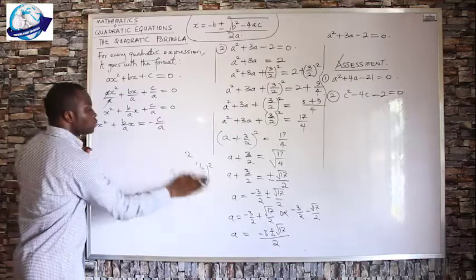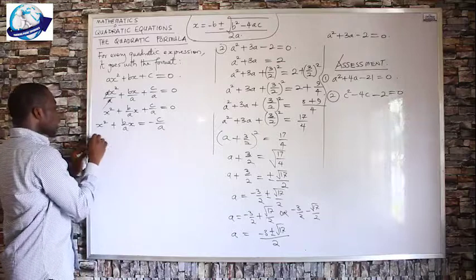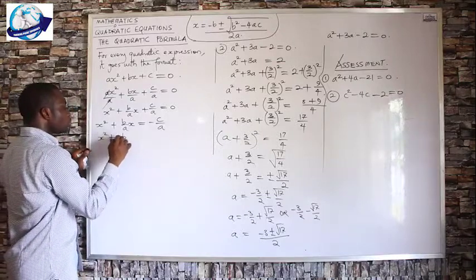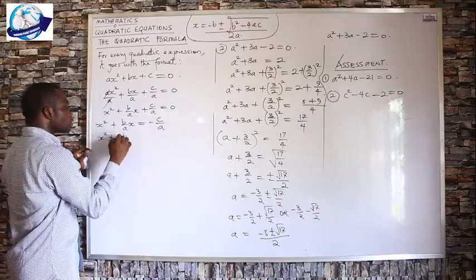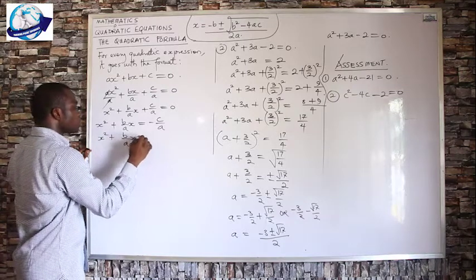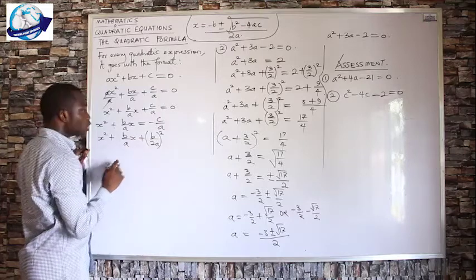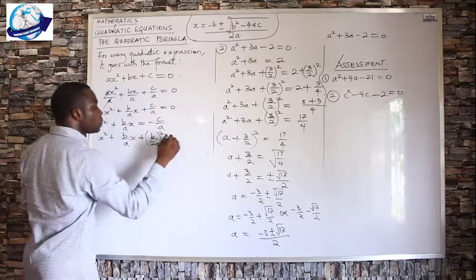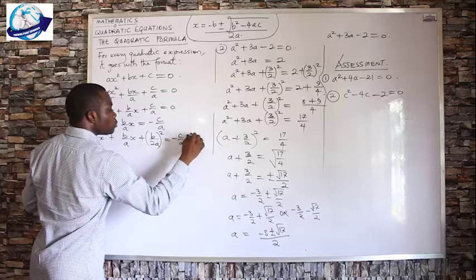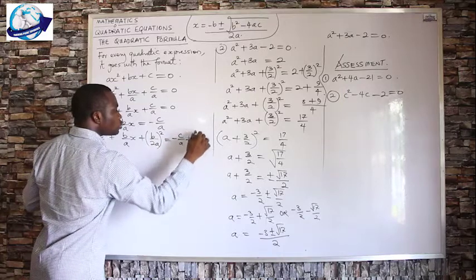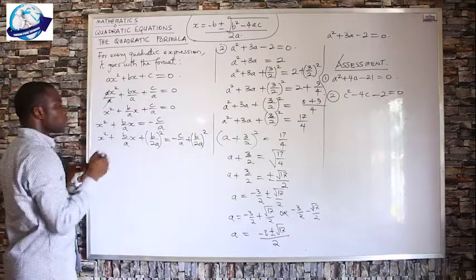So I have x squared plus b over a x plus b over 2a all squared, is equal to minus c over a plus b over 2a all squared.